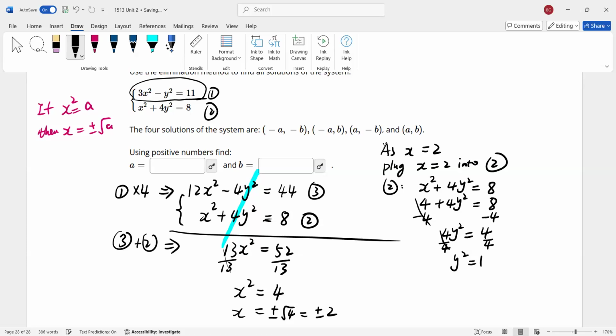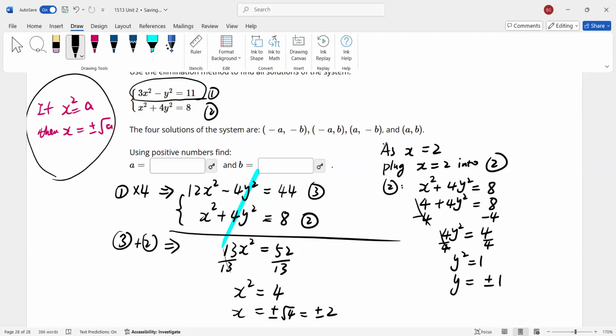When y squared equals 1, we apply the square root property. Again, we have y equals plus or minus 1. Do not forget, negative 1 also satisfies the equation. So that means as x assumes the value 2, we have 2 corresponding y values.